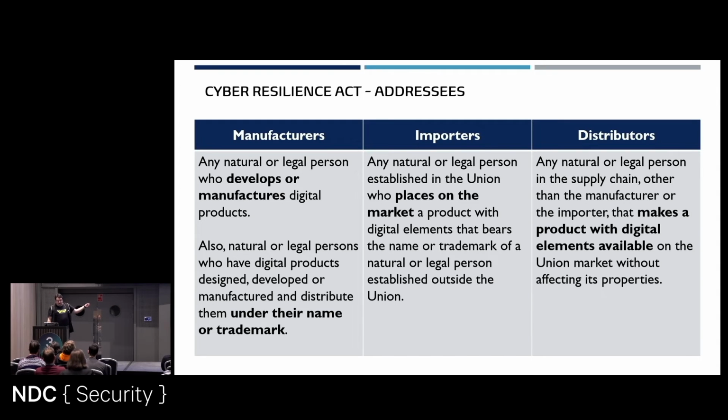If you're an importer, so anyone who places on the EU market any sort of hardware or software product, you need to ensure that the product complies with the CRA. Just like right now you're doing imports with food and whatnot, and it has to be compliant with certain regulations, it's going to be the same with digital products.